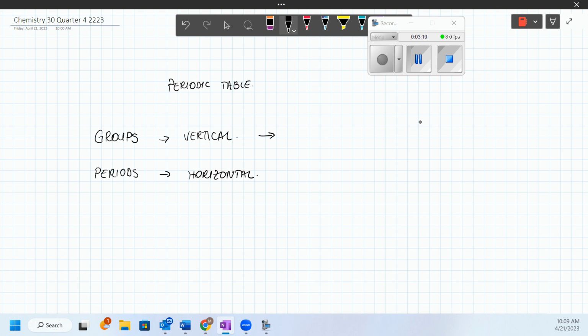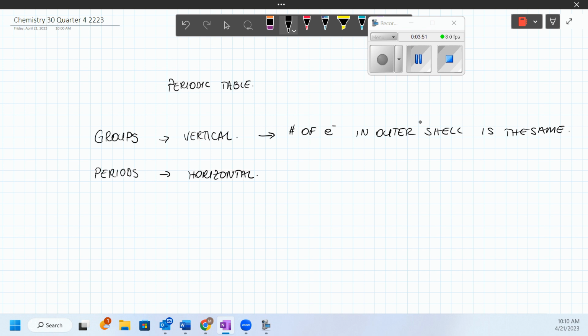Now, when we are dealing with the vertical, what we notice is that the elements in the same group have the same number of electrons in the outer shell. So everything that is in group 1, let's say, is the same.